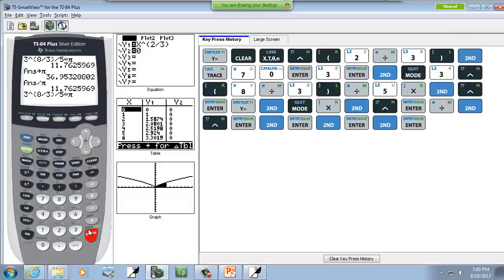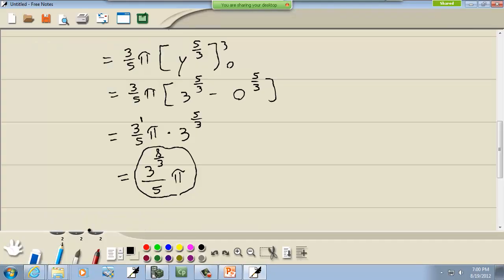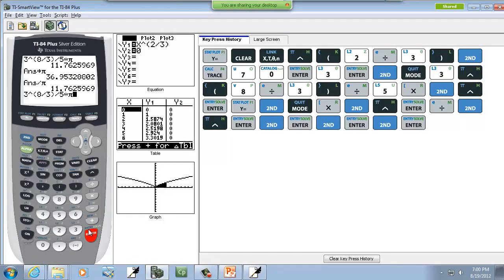Three caret 8 divided by 3 divided by 5 times pi.